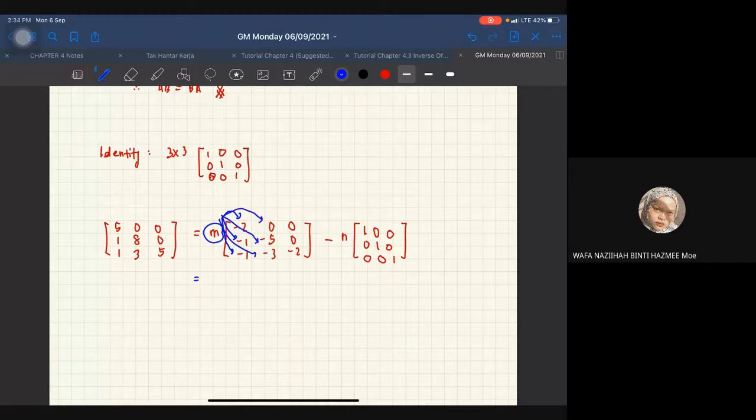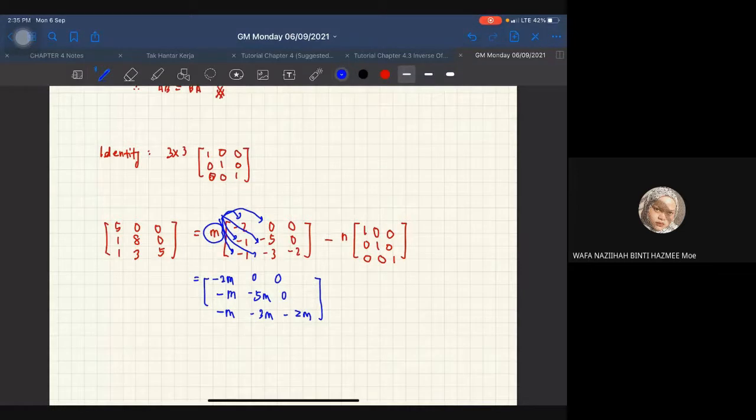Okay, so dekat sini kita akan dapat -2M, darab kosong jadi kosong, and then -1 jadi -M, and then -5 times M, we have -5M. Lastly kita ada kosong, and then -M, -3M, -2M. Okay, just like this.